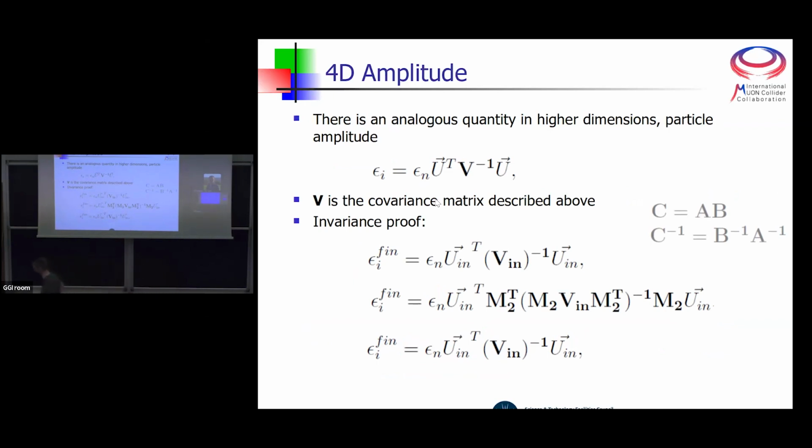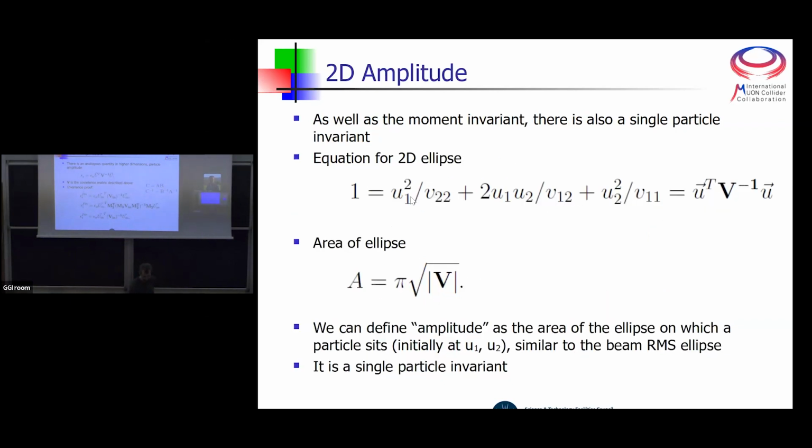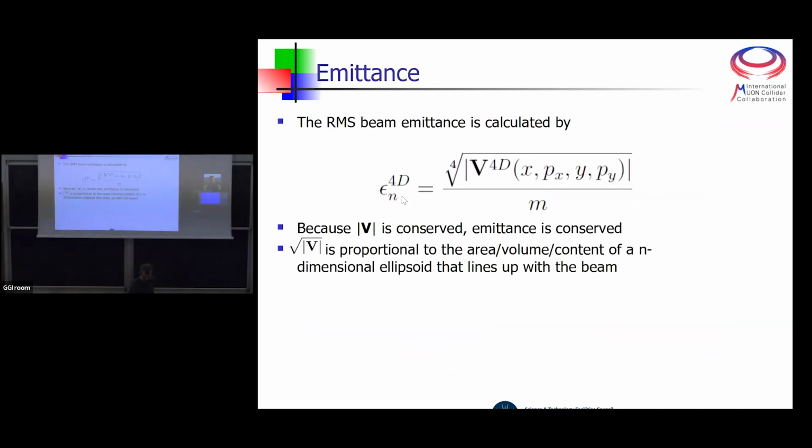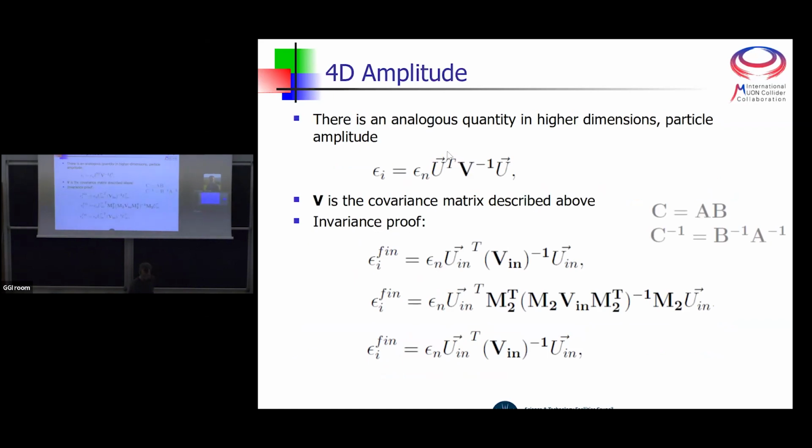So we can calculate this. We can write down this quantity, which is the sort of single particle emittance, sometimes called amplitude, of a particle, which for the ith particle here is the normalized emittance, which was this thing on this slide, times this phase space vector, V inverse, phase space vector. There's a little transpose up there as well.